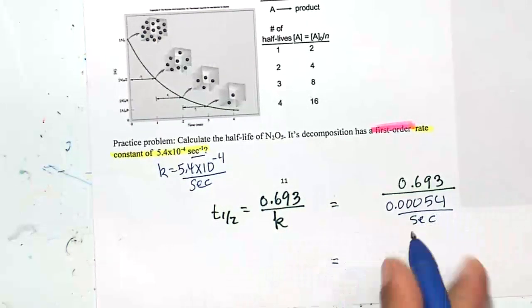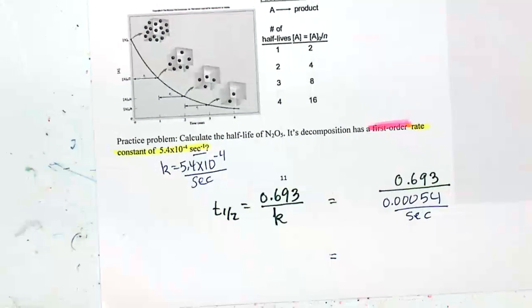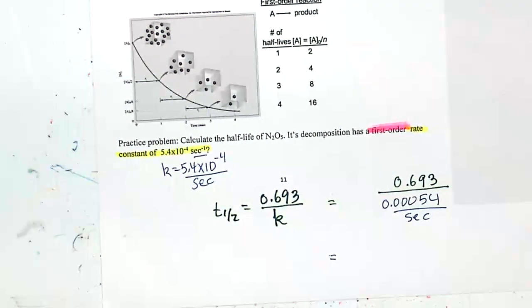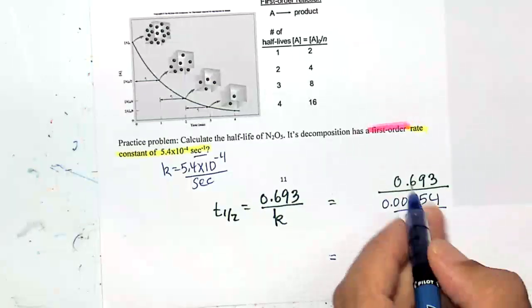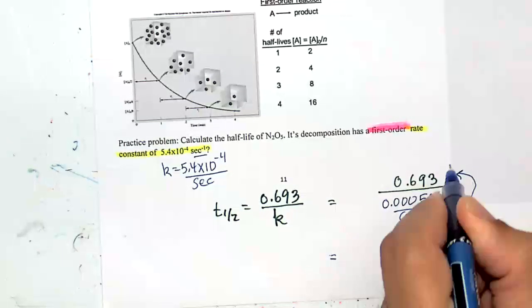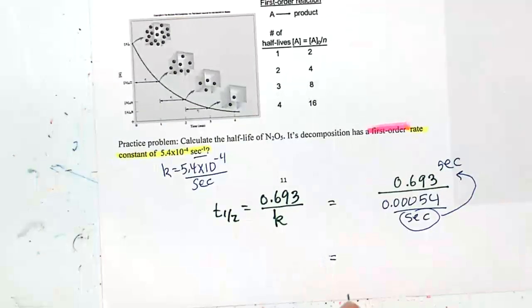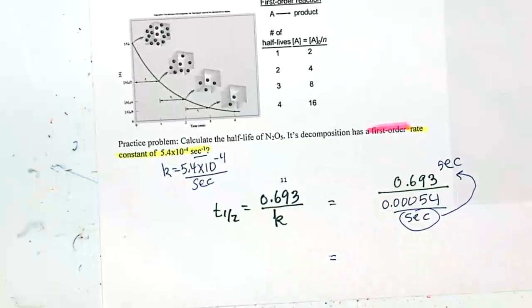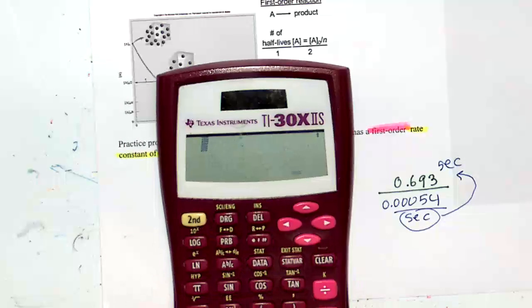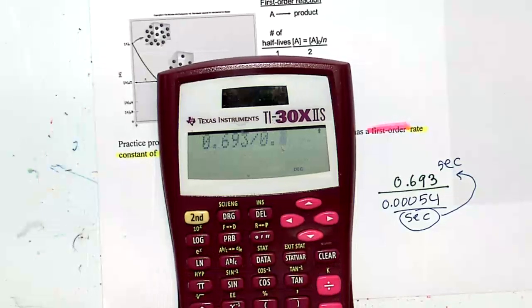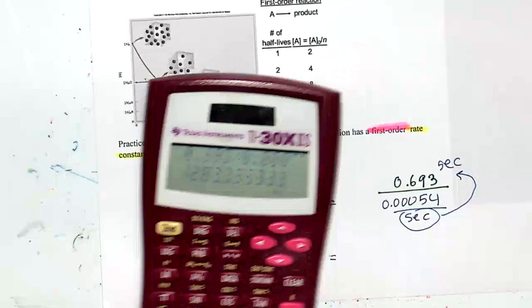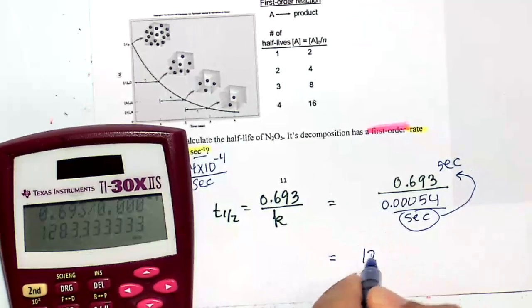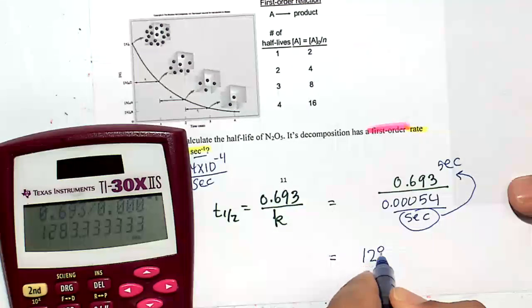The seconds in the denominator of a denominator goes straight up to the numerator. So what's 0.693 divided by 0.00054? What did you guys get? 1283 seconds. Got that? Perfect, thank you. All I need is one person to make sure I did the calculator right.